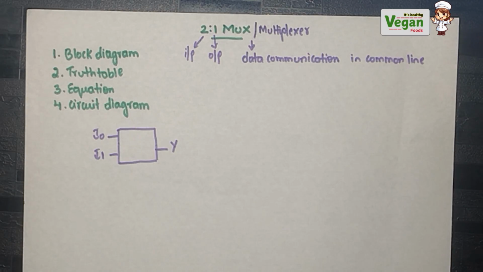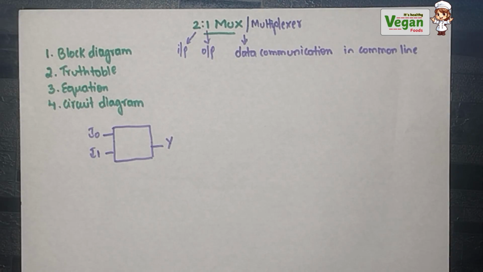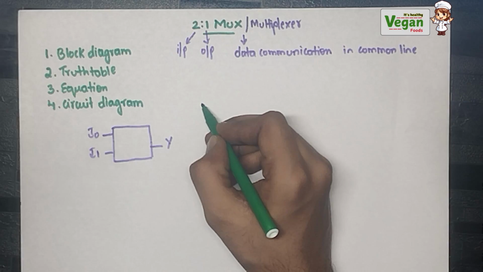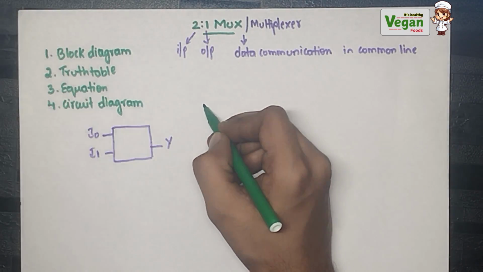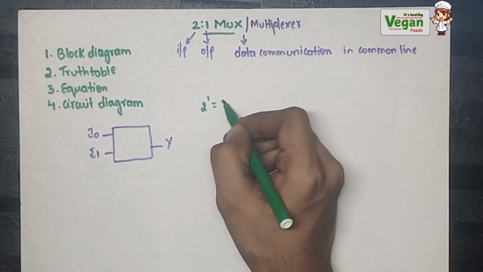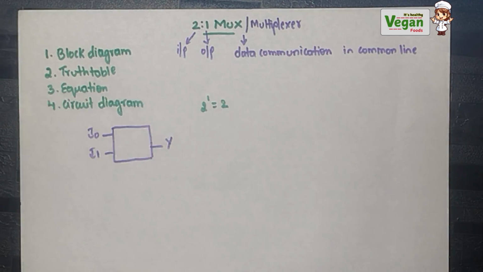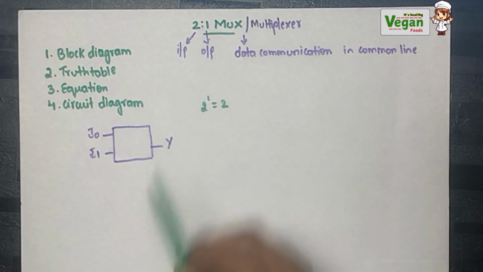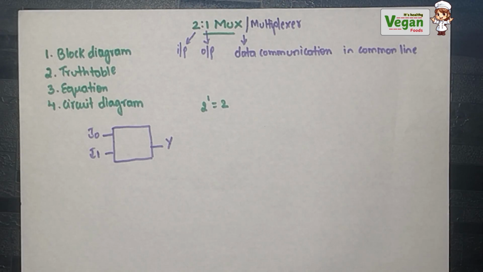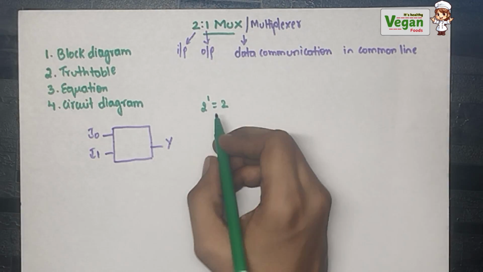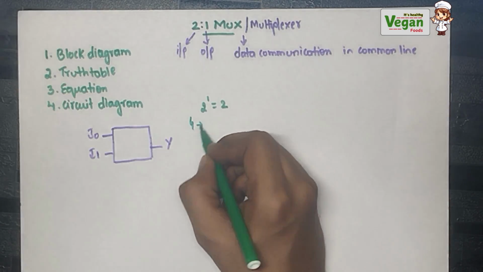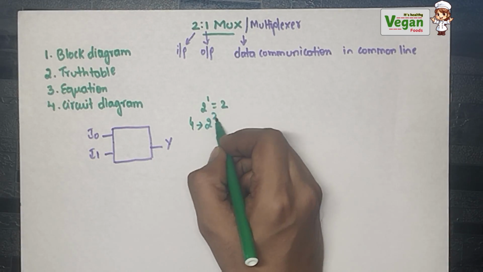How many selective lines must we use? It is simple. How many inputs are there? 2. How can we represent this using powers of 2? 2 power 1 is equal to 2. If there are 4 inputs, that is a 4:1 multiplexer, how can we represent 4? 4 can be represented using 2 power 2.